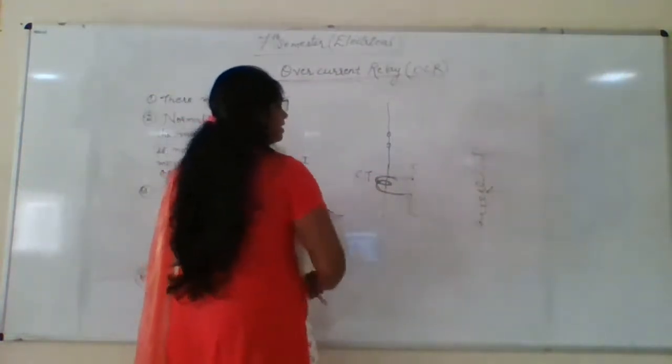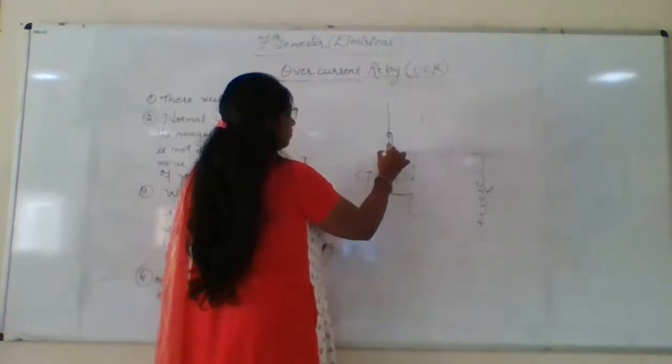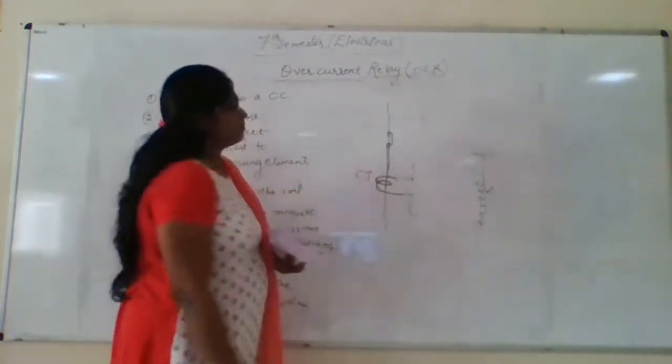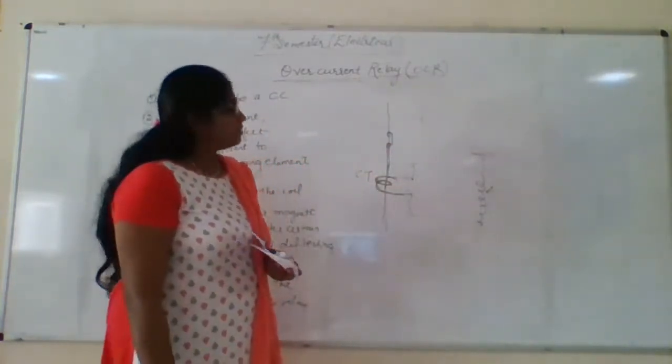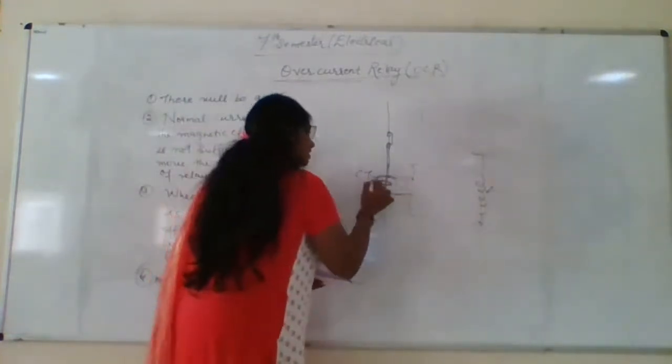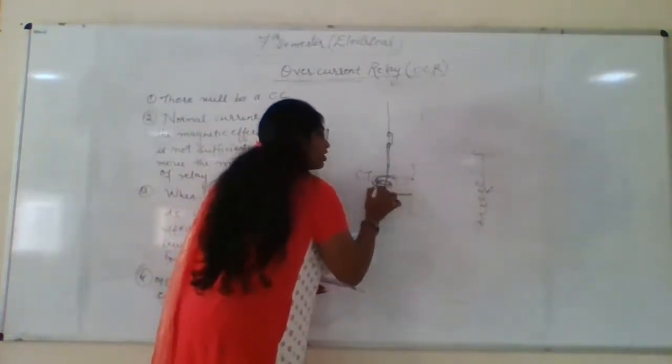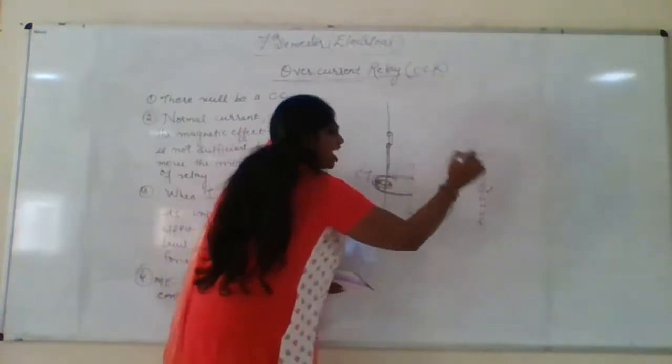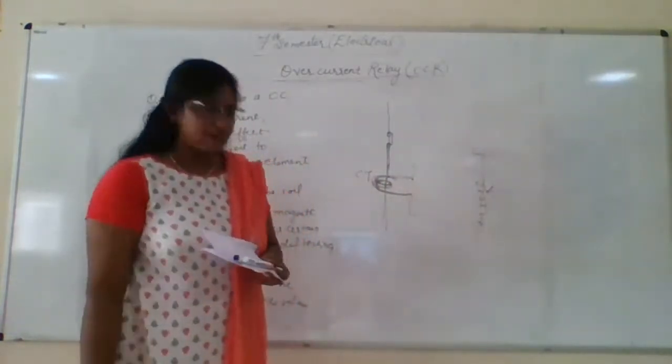So in the normal working condition, the flow of current is satisfactory or nominal, which is a permissible limit for the instruments. In that case, the CT won't be energized or initiate the relay coil. Fine.